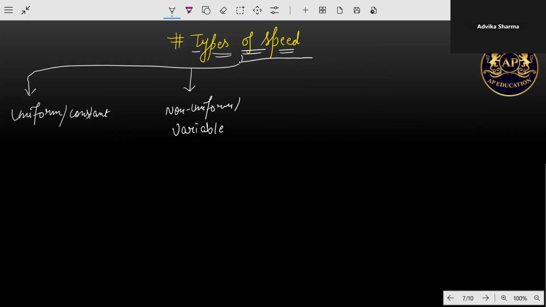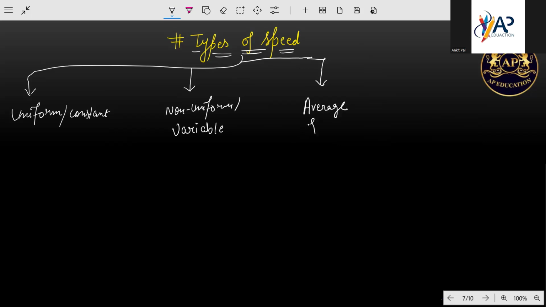Uniform speed would be like constant speed of a car, right? And non-uniform speed would be an object falling with gravity, right? Yes, we can say that. Then average speed, instantaneous speed.